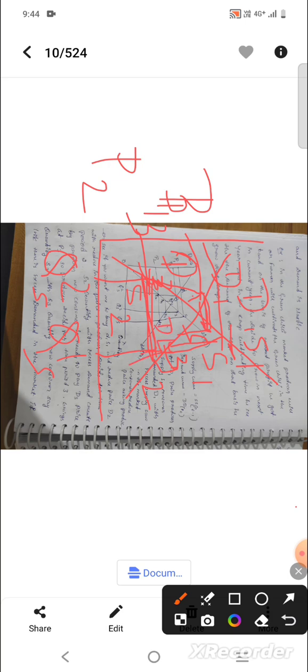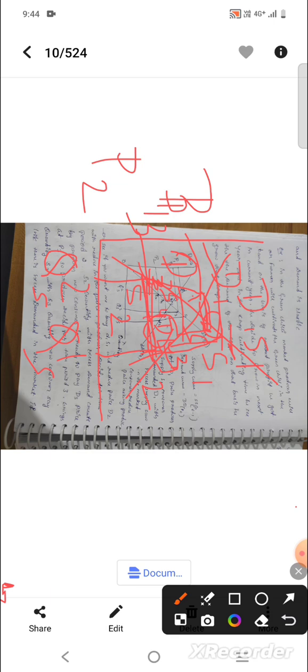For that reduction in price, the producer will say, I am not going to sell you S3 quantity at D4, I will reduce my quantity to S4.